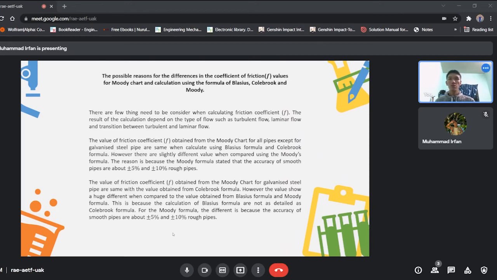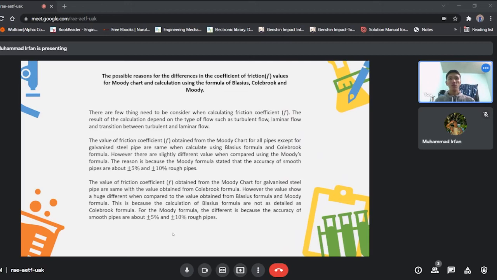The reason is that the Moody formula states that the accuracy is approximately 5% for smooth pipes and approximately 10% for rough pipes. The value of the friction coefficient obtained from the Moody chart for the galvanized steel pipe is the same as the value obtained from the Colebrook formula.